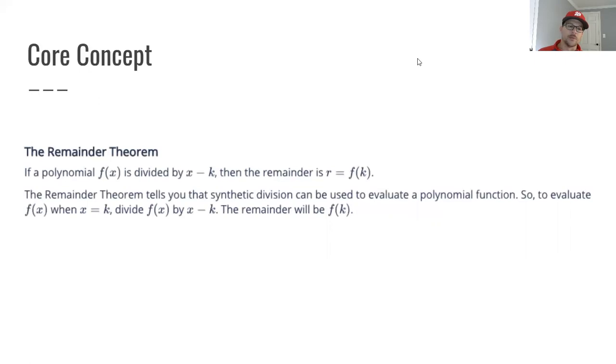All right, so using the remainder theorem, if a polynomial is divided by your x minus k, which is that number that's outside the synthetic division, then your remainder is equal to r equals the function of k instead of function of x. So it tells you that the synthetic division can be used to then evaluate a polynomial function by plugging in your k so long as you are dividing by x minus k.